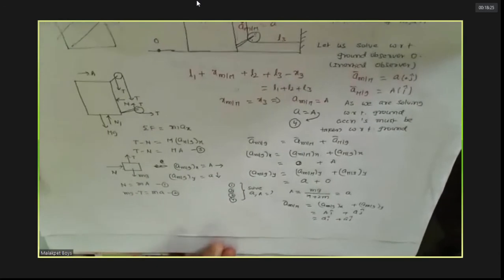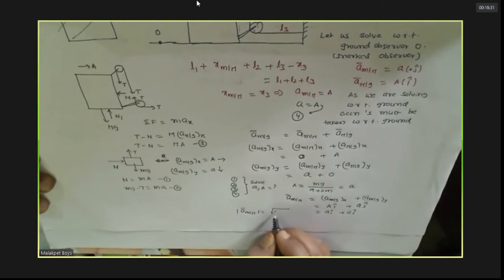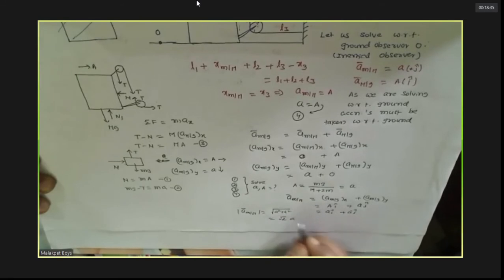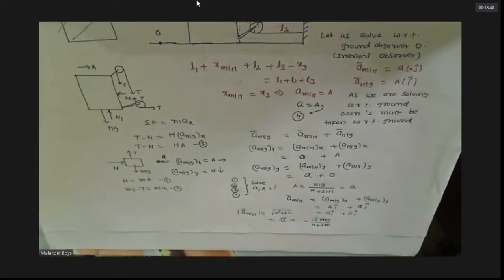So I can say that the magnitude of the acceleration of m is root over a square plus a square. How much is that? Root 2 a. Understood this? Clear?